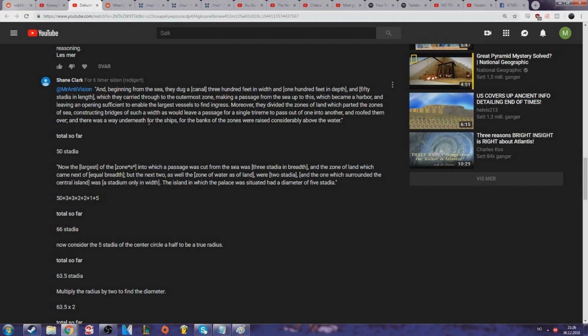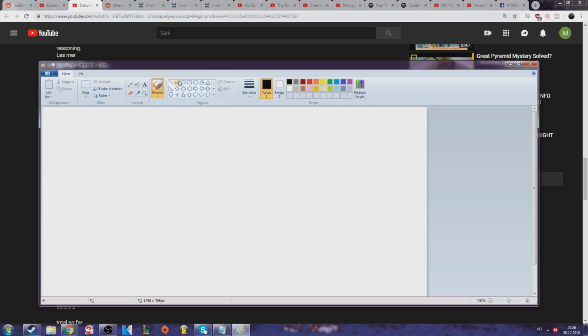Because beginning from the sea, they dug a canal 300 feet in width and 100 feet in depth and 50 stadia in length, which they carried through to the outermost zone, making a passage from the sea up to this. Now, I will show in Paint why you don't add this to mathing out a diameter, okay?